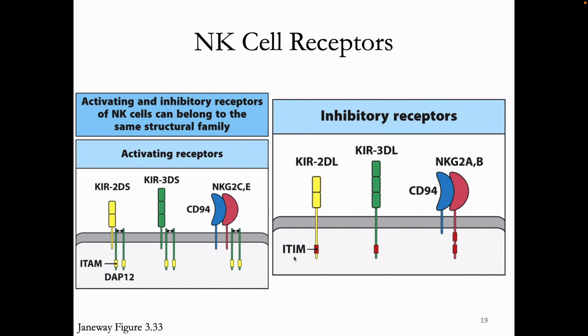But if you phosphorylate the tyrosine in an ITIM, you get an inhibitory signal, an off signal, instead of an activating signal. While ITAM stood for immunoreceptor tyrosine-based activation motif, ITIM stands for immunoreceptor tyrosine-based inhibitory motif. So we've got these two classes of receptors on NK cells.